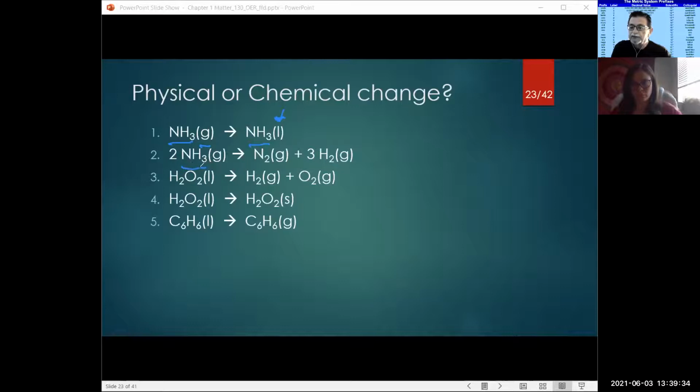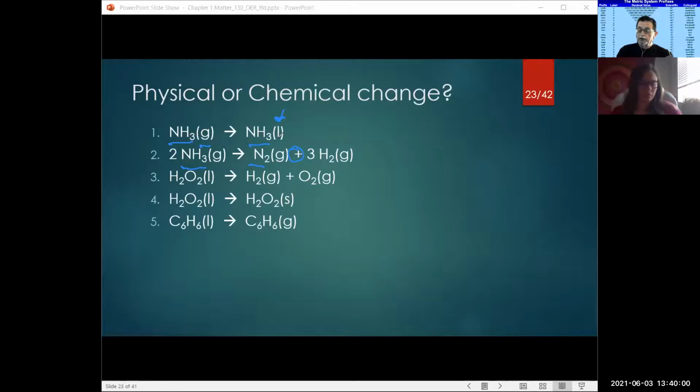Now, if we look at number 2, again, we have NH3, but this time, the key thing that I see is a plus in this reaction. And that plus tells me I got products here. I got 2 different products, because on one side of that plus, I have N2, which, by the way, is another of those diatomic elements I talked about. Chlorine was one of them.